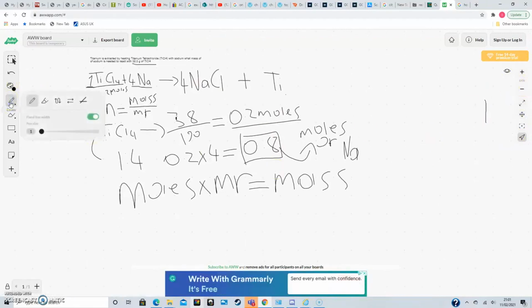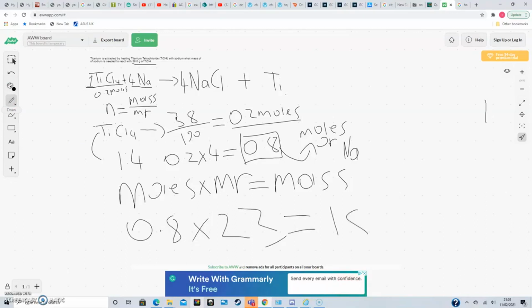This means 0.8, because that's the moles, times the Mr of sodium, which is 23. 0.8 times 23 equals 18.4 grams. And that's your answer. So 18.4 grams of sodium is needed to react with this many moles.